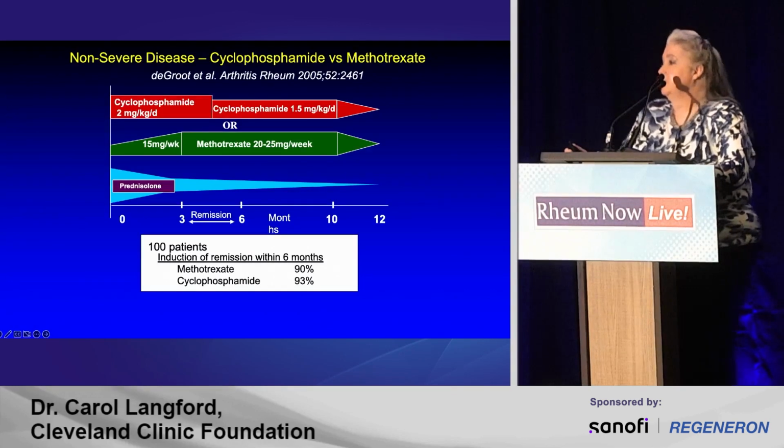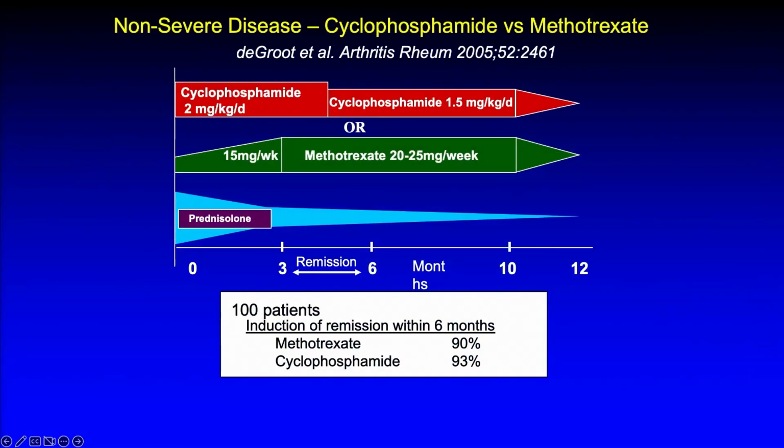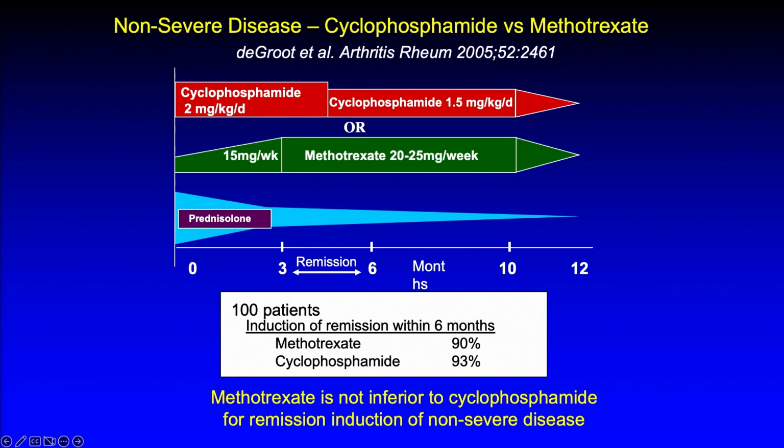Methotrexate was actually the first alternative to cyclophosphamide, first explored in the early 1990s. This randomized trial from Europe in 100 patients compared cyclophosphamide to methotrexate and demonstrated that methotrexate was not inferior to cyclophosphamide for remission induction of non-severe disease.